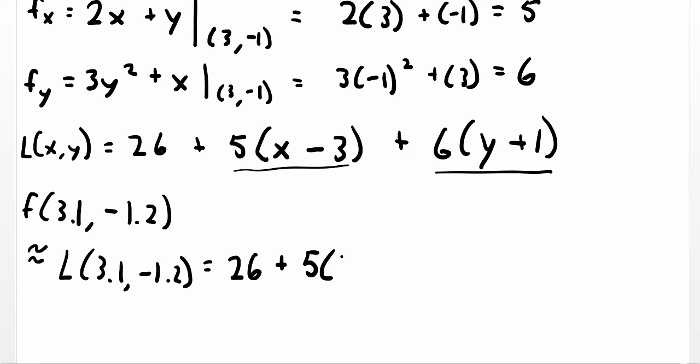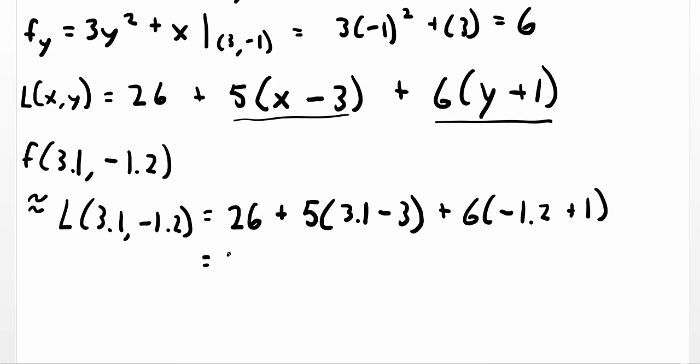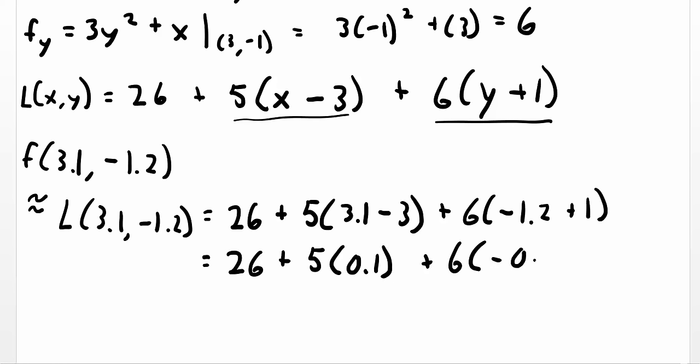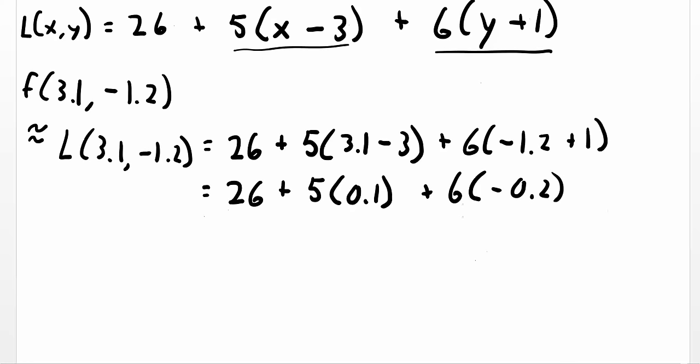26 plus 5 times 3.1 minus 3, plus 6 times -1.2 plus 1. Simplify this a bit. 26 plus 5 times 0.1, plus 6 times negative 0.2. 26 plus, this is 5 times 0.1, this is 0.5.